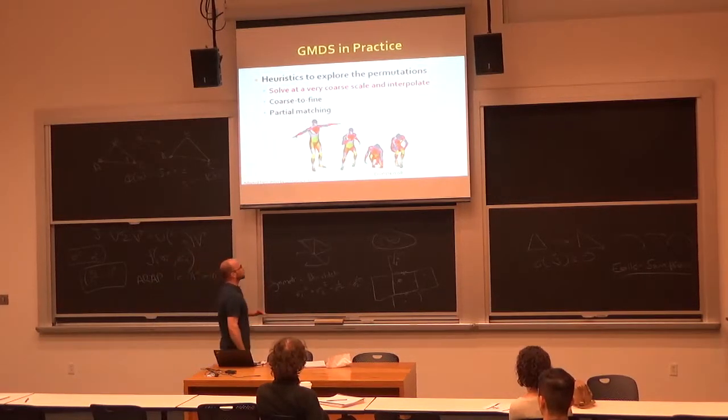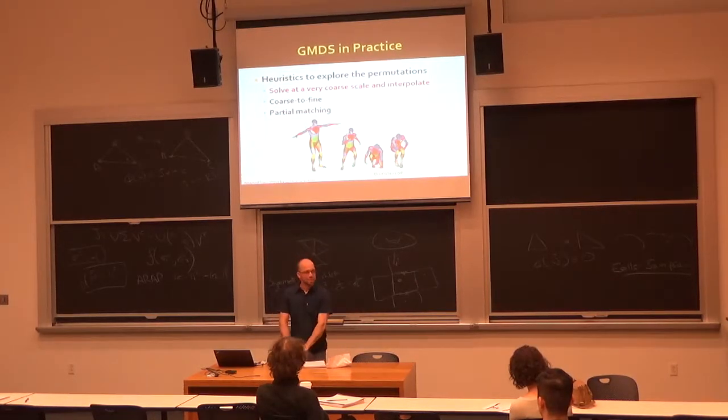Incidentally, in this world you'll see the name Bronstein quite a bit. They show up a lot in the geometry processing world more generally, and they introduced the GMDS framework to begin with. If you're looking for papers on this topic, I would start on their webpage and go from there.